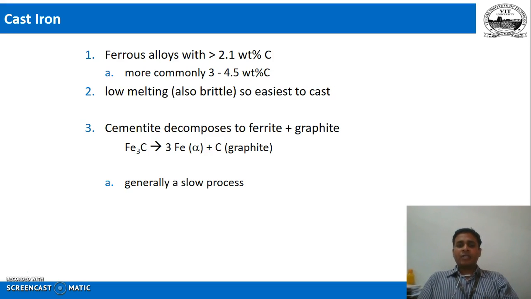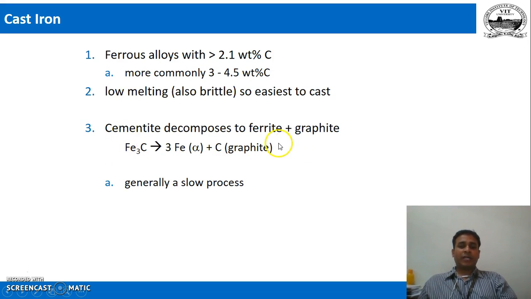So can we have this in some other form? In fact, you can have this cementite decomposed into ferrite and graphite. That is the equation I have shown here. You can induce this kind of reaction in cast irons with a high percentage of cementite, which is very fruitful to reduce the brittleness and so on. It will not happen if you go at very fast cooling rates; you need very slow cooling rates.